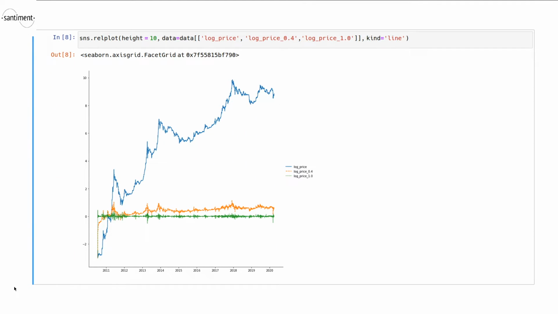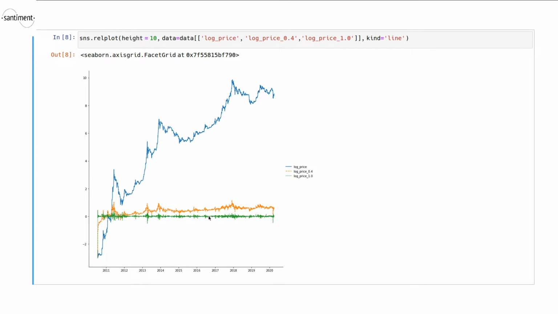Okay, so here is a graph. So this is what things look like. The blue one is the original log price. The green graph is the logarithmic returns, and it is kind of stationary, right? So it doesn't move too far, unlike the price.